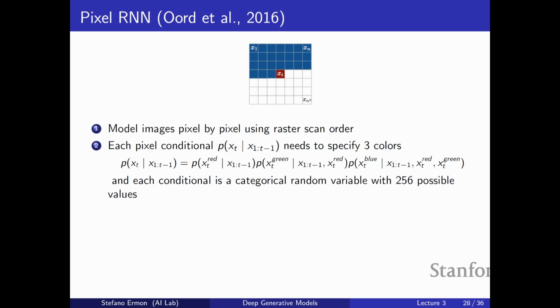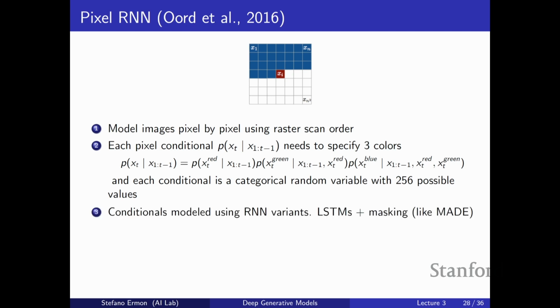And each conditional is going to be a categorical distribution over the colors that pixel can take. And if you're modeling pixels using an RGB encoding, then you have 3 channels, red, green, and blue. And so you need to capture the distribution over the colors of a pixel, given all the previous pixels.